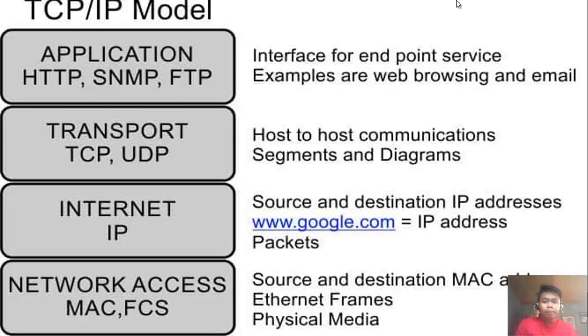This is host to host communication, with segments and datagrams. The next is internet, which handles source and destination IP addresses, for example www.google.com. The next is the network access, for source and destination MAC addresses and ethernet frames. And the last is the physical media.